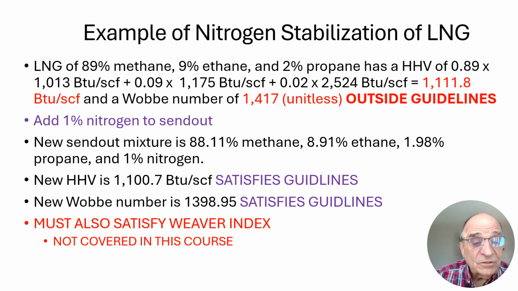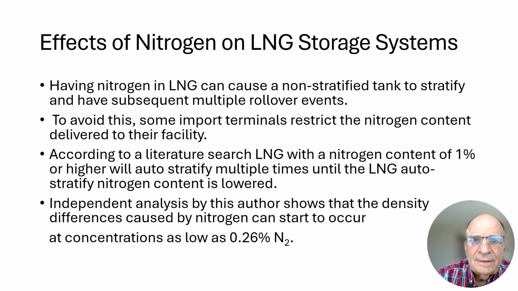This must also satisfy the Weaver index, which we've not covered and we will not cover in this course. But there's another interchangeability index called the Weaver index, and that is also applied to the send out in order to make sure it's interchangeable.